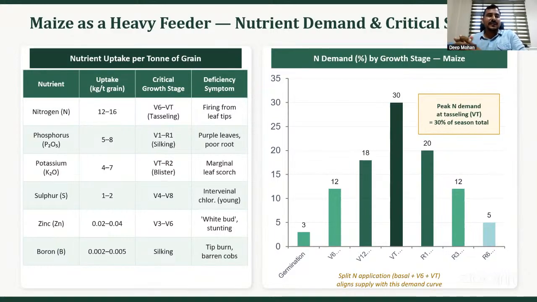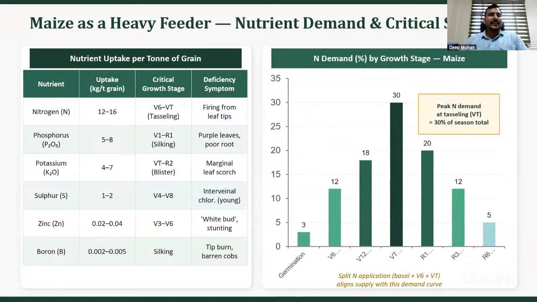Maize, being a heavy feeder crop, to produce 1 ton of grain we need kg of phosphorus, 4 to 7 kg of potassium, plus sulfur, zinc, and boron. These are minimum requirements. We cannot reduce these requirements. But more important than how much is when.